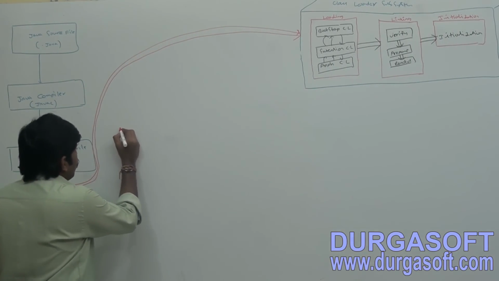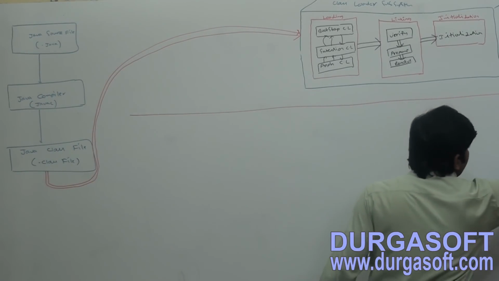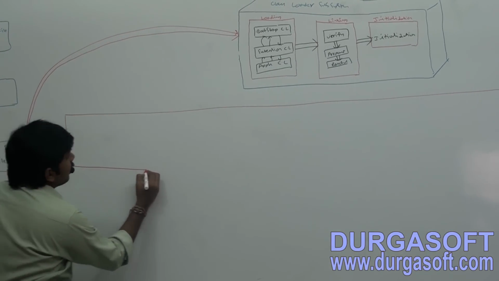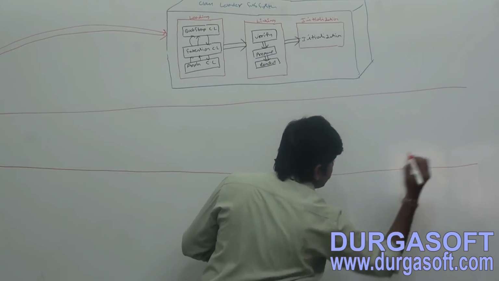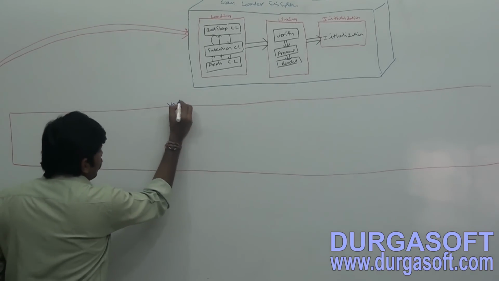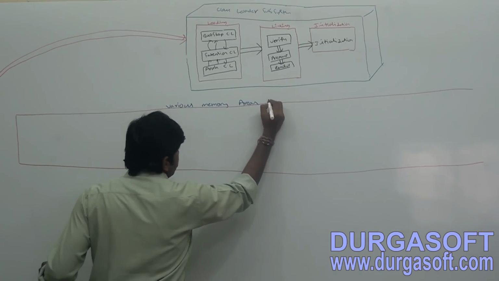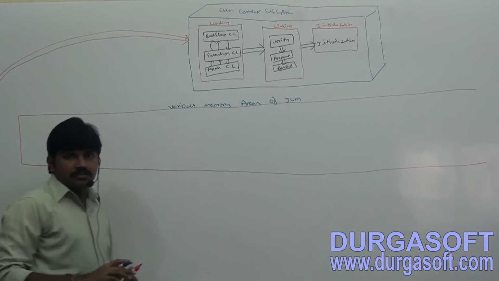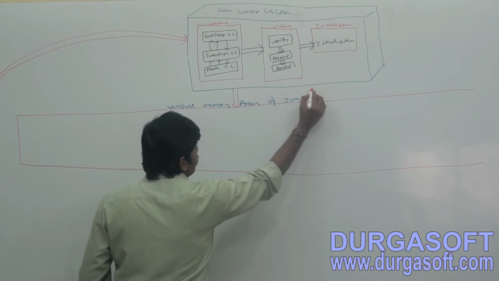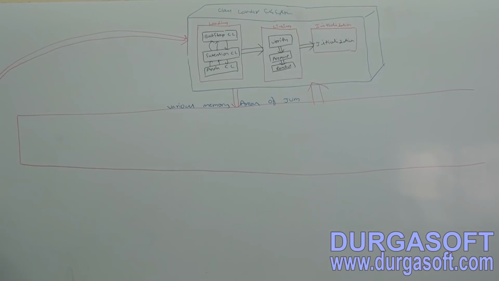Now observe this part: the various memory areas of JVM. Here this one can communicate with these, right? In total, how many memory areas are there inside JVM?